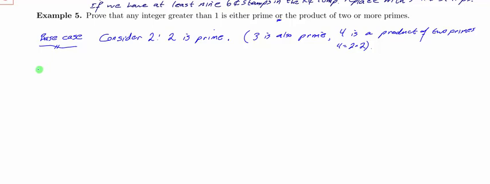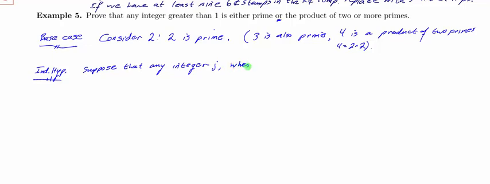So then for our induction hypothesis, now when we're stating our induction hypothesis, we need to be sure that we state it correctly for a strong induction. So we're going to suppose that any integer j, and then we need to state the range that we're looking at.